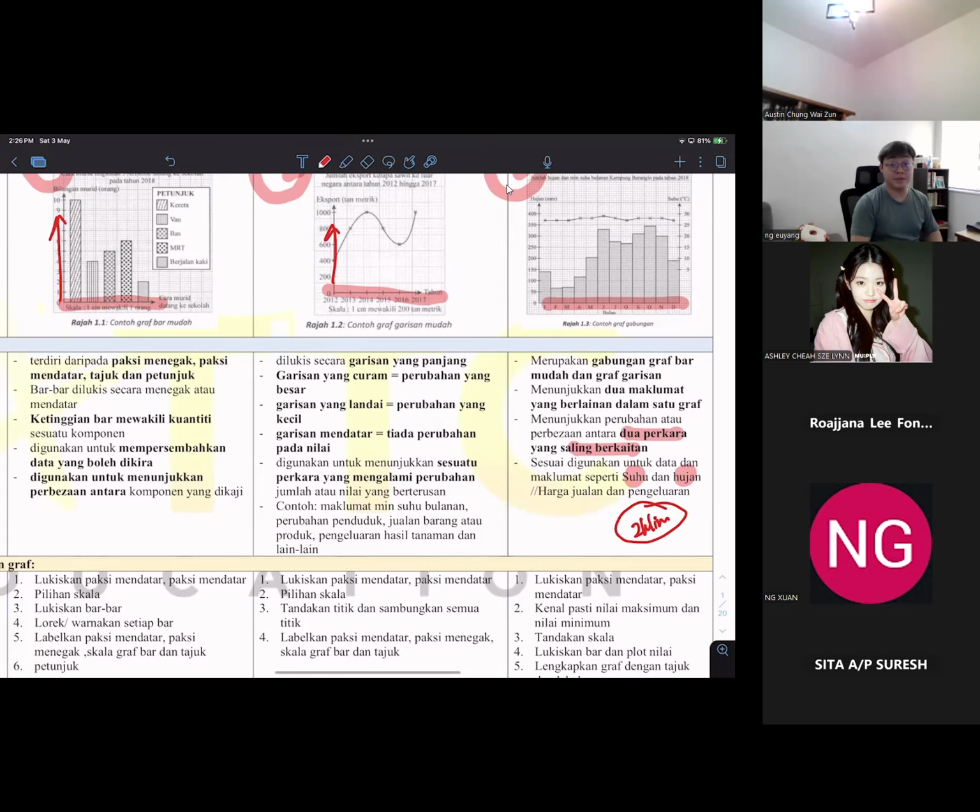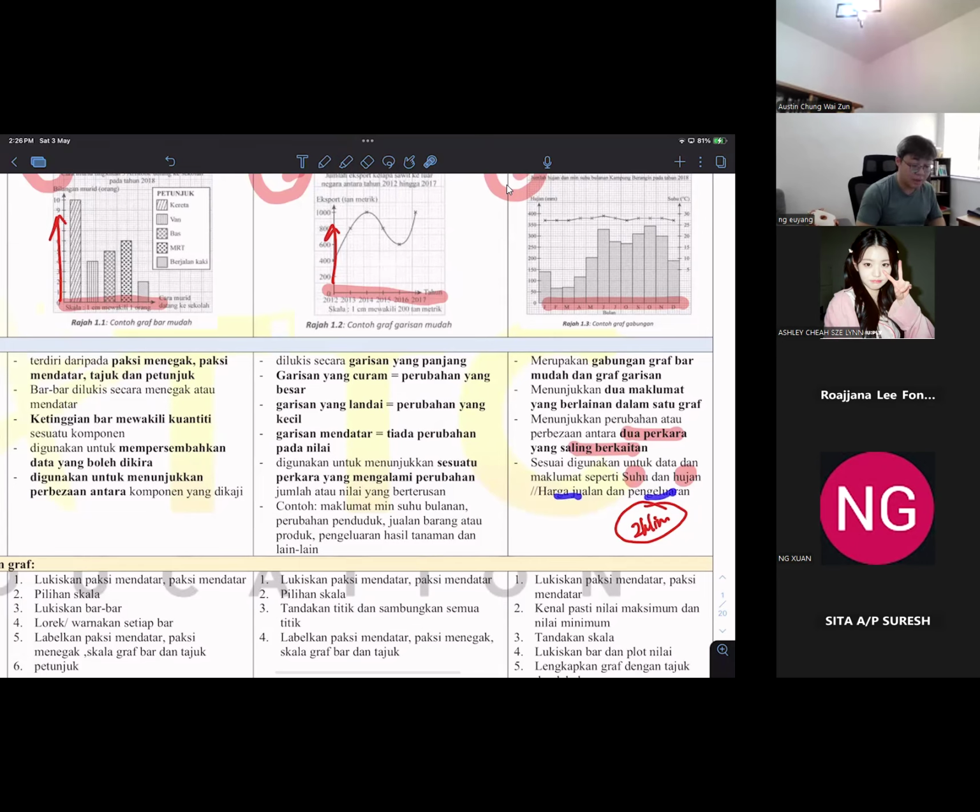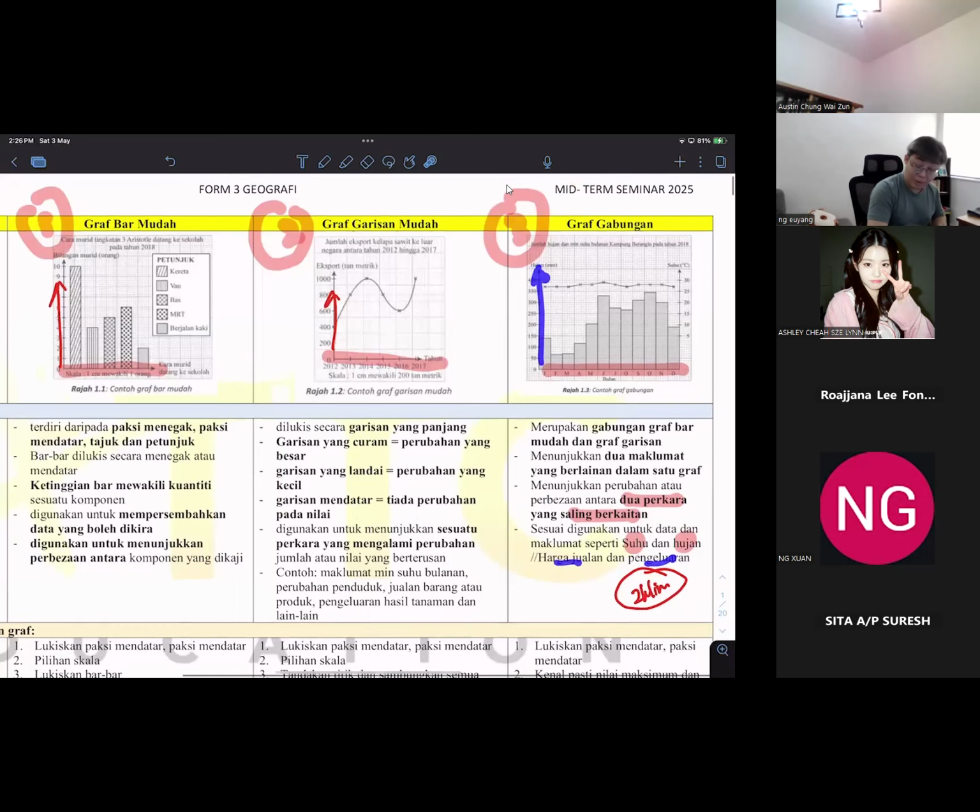Okay, 99% because they still have 1% they are going to relate to the harga jualan and then the pengeluaran. So maybe the first paksi Y will be the harga. So the next paksi Y2 will be referring to the keluaran known as quantity. So this is for different months or maybe different time for the graph gabungan. So most likely 99% try to focus on the iklim.